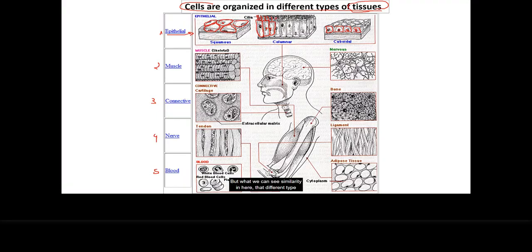But what we can see as a similarity is that different types of tissue are made up of similar cells. For example, this particular type of tissue is called squamous epithelial tissue. We can see that all cells look similar, very flat, with one large nucleus.